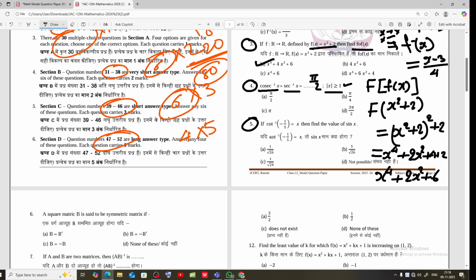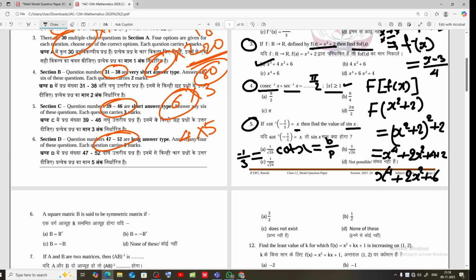Question number 5. Cot inverse of minus 1 by 5 equals x. Find the value of sin x. We can write minus 1 by 5 equals cot x, where cot x equals base by perpendicular.